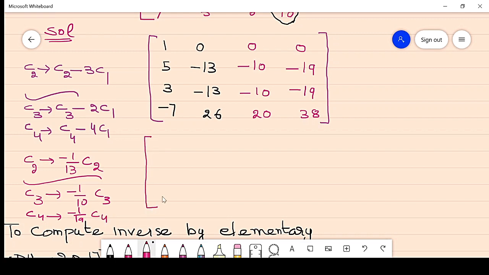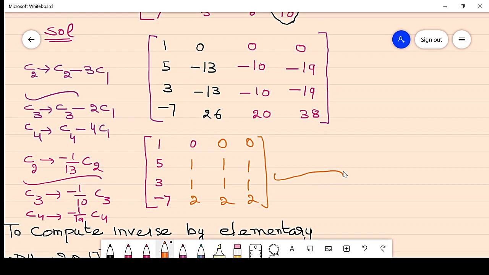So what we get is: 1, 5, 3, -7 in the first column, and 0, 1, 1, 2 in each of the other columns.